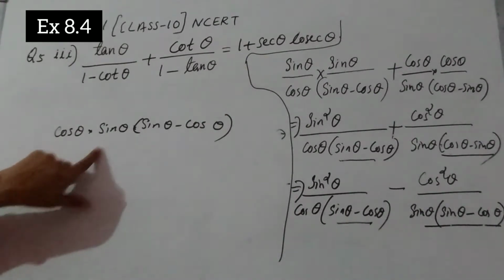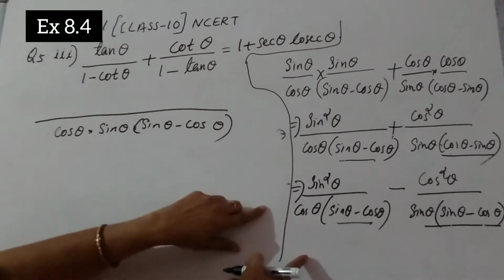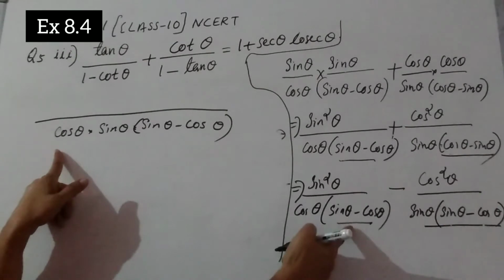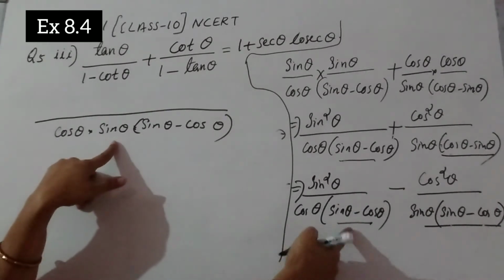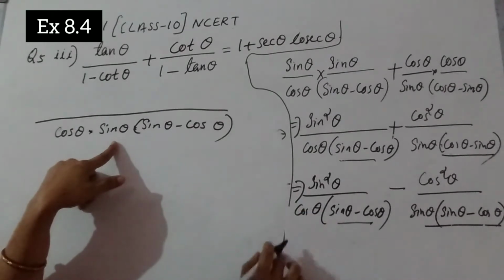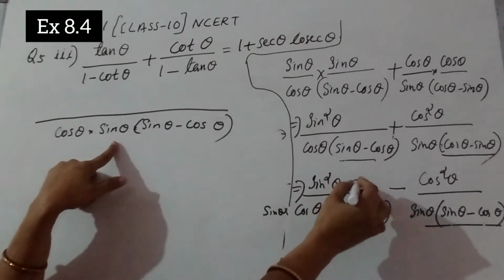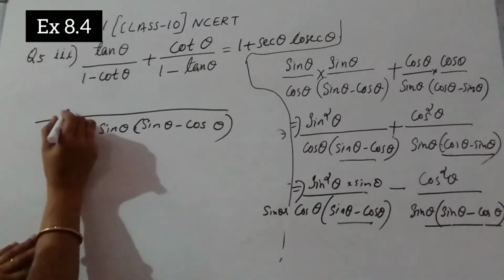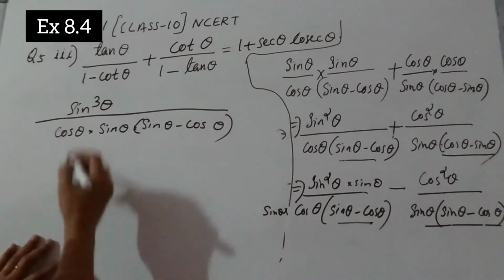Okay, if this is the LCM, what will happen to the first fraction's denominator? See, in place of the LCM, we have cos theta and sin theta minus cos theta. Along with that, what also is there? Sin theta also is there. So here one more sin theta will come. If you want to make one sin theta here, then here also you should make a sin theta. So sin square theta into sin theta is what? Sin cube theta. Then we will get the denominator the same, no?